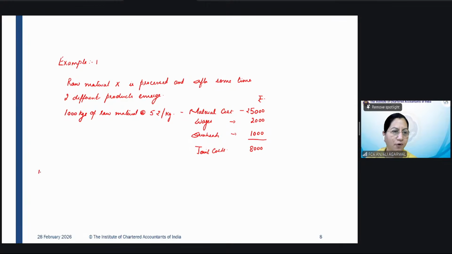Now, if we employ physical measurement method, let's say out of 1000 kgs, we had two products, A and B. So A was 800 kgs and B was 200 kgs.